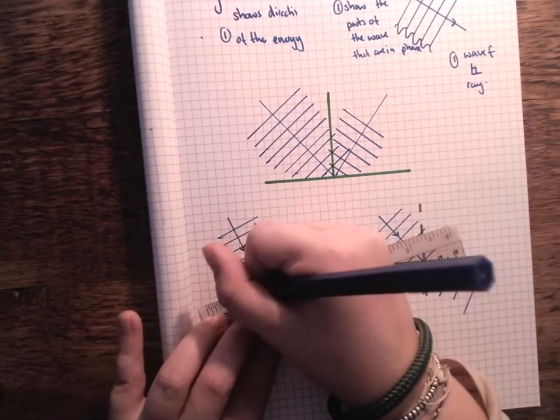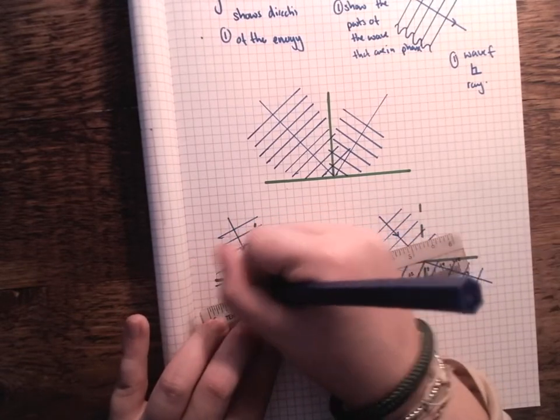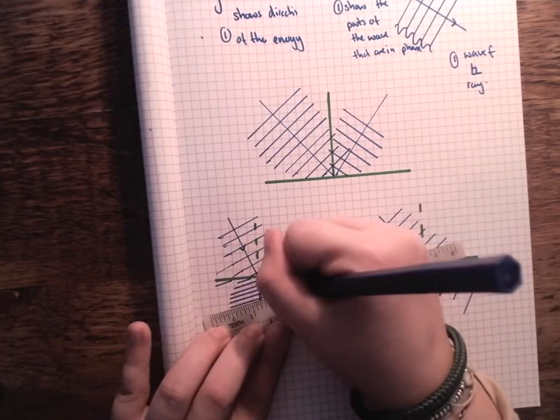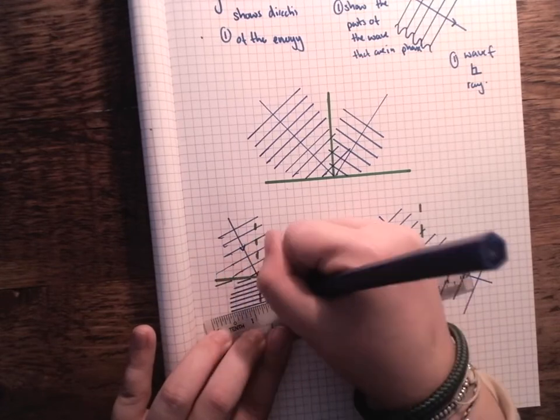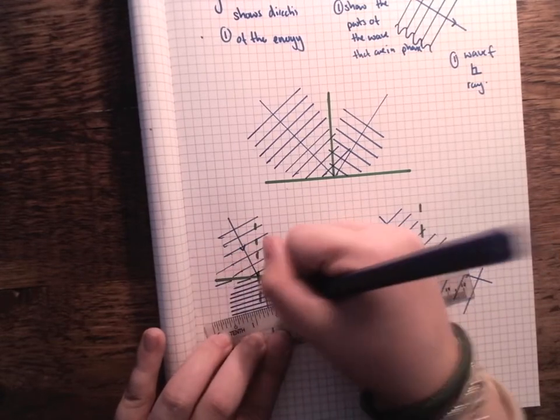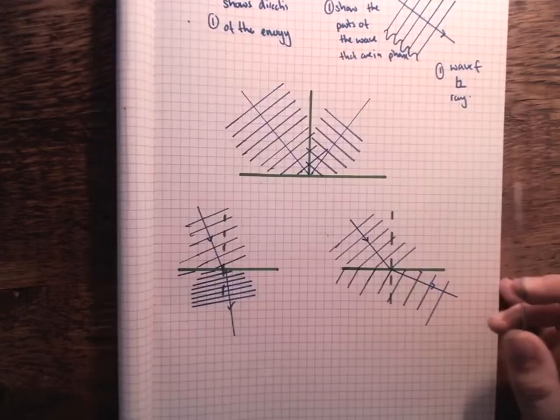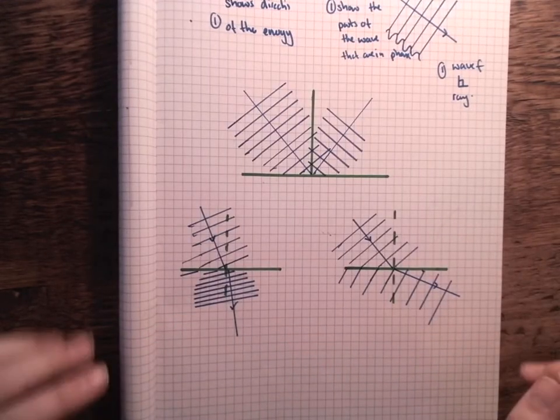So I'm going to show my wavefronts being closer together because they've got a smaller wavelength. They've slowed down, they've got closer together. So I would be drawing them like this. I'm not very neat with mine. Please do them in pencil if you're having to draw these in the exam. But this is kind of how we'd expect them to look.